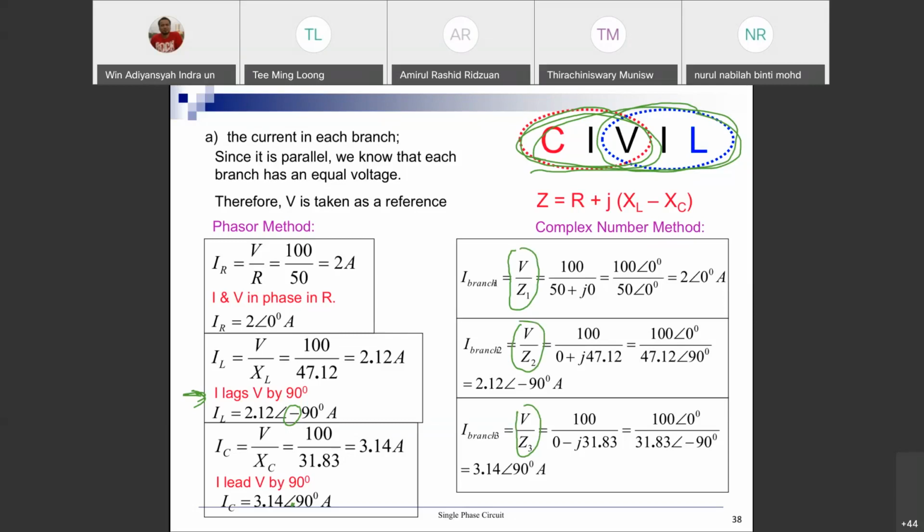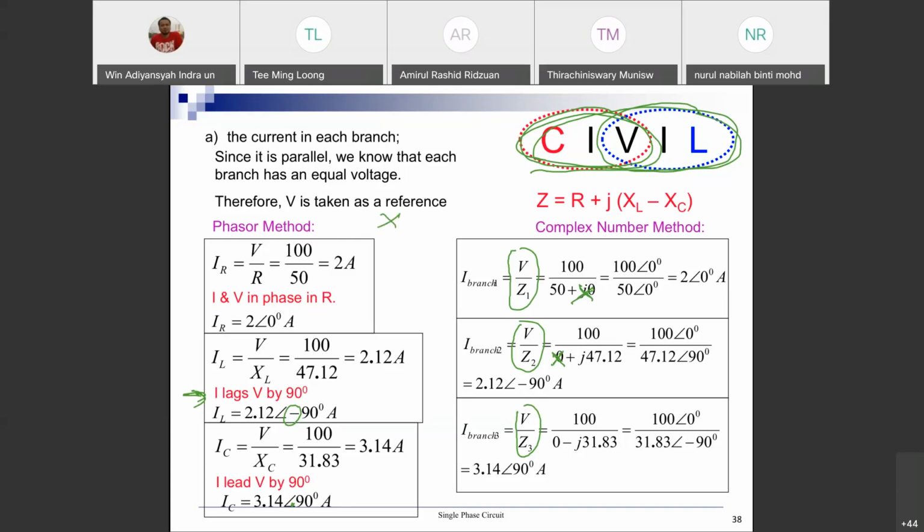For branch R, since only R, there is no reactance, so this is 0, right? For L, since only L, R is 0. So how do you get XL?